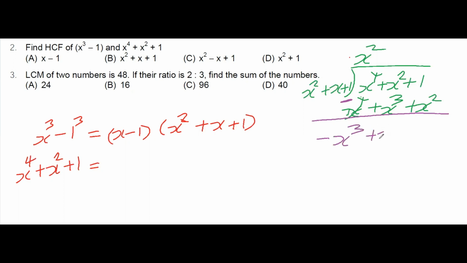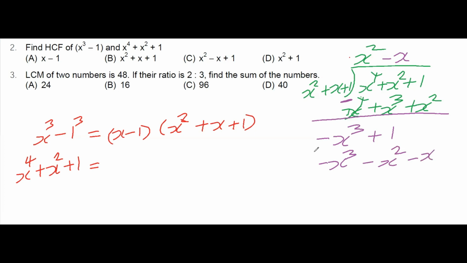Here I will get plus x square, and this minus x square is also getting cancelled, and ultimately I will get only 1. Now x square into minus x, I will multiply. I will get minus x cube, then minus into plus will be minus, x into x will be x square, minus x into plus 1 will be minus x.